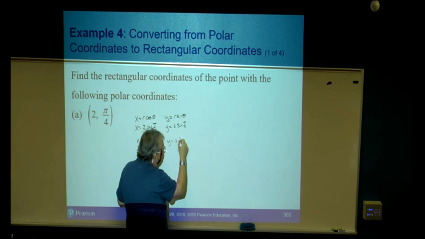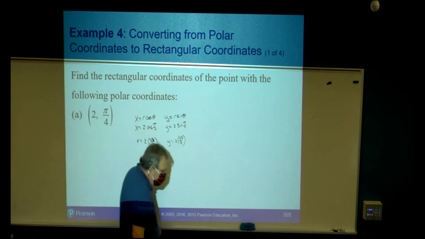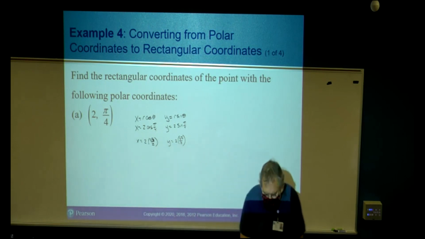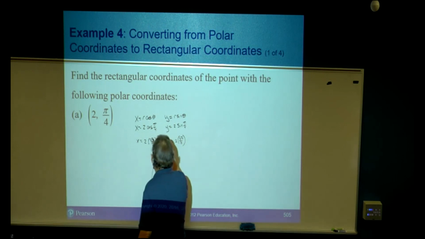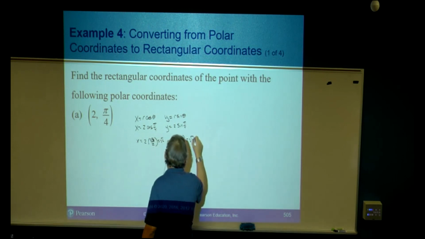And that's going to be the square root of 2 over 2 also. So when I multiply 2 times the square root of 2 over 2, I just get the square root of 2. So x is the square root of 2, and y is the square root of 2.